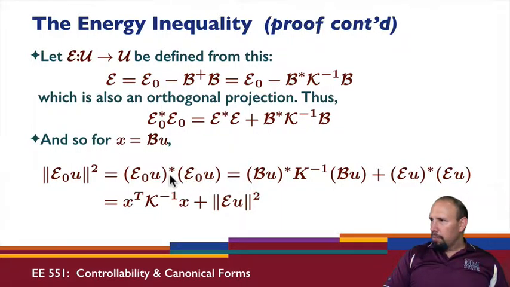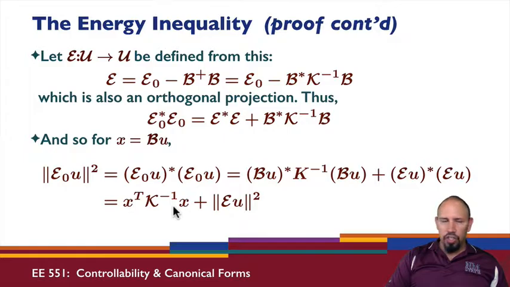But this quantity, using this operator, can be written this way. Notice I'm operating on U this way, so this quantity here is given by this. So BU is X. This is the norm of EU squared, and so I have this relationship.